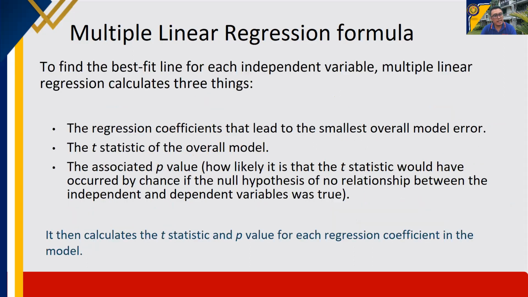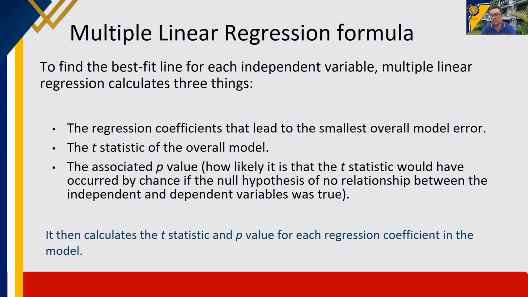To find the best fit line for each independent variable, multiple linear regression calculates three things. First, the regression coefficients that lead to the smallest overall model error. Second, the t statistic of the overall model.